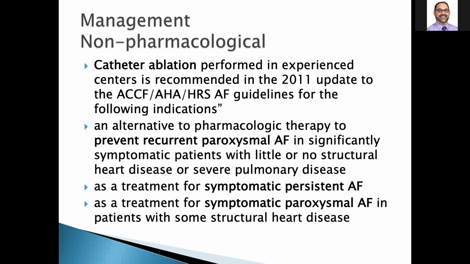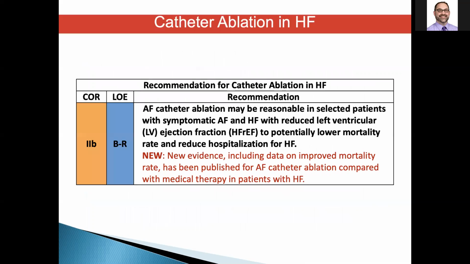Non-pharmacological management, so catheter ablation. There's a slide on this in a little bit. It is a good alternative for patients that have persistent symptomatic atrial fibrillation. And again, new evidence included in this 2019 update shows improved mortality rate, published with patients with AFib that had a catheter ablation compared to patients with medical therapy.